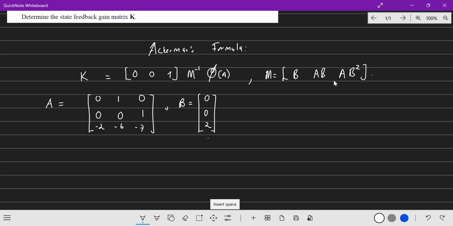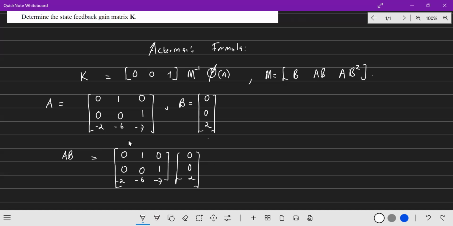So let us find AB and A squared B. AB will be equal to 0, 1, 0, 0, 0, 1, -2, -6, -7, and then multiplied by B, 0, 0, 2.